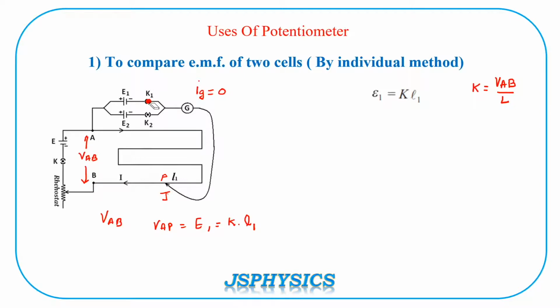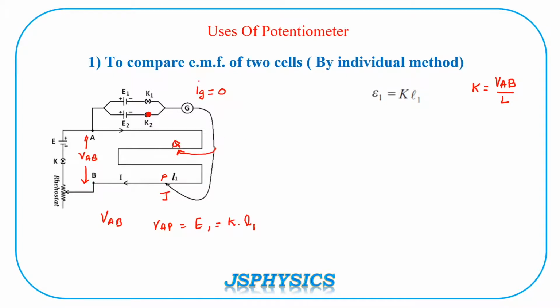Now, we'll simply remove this key and we'll put the key in K2. Now, E1 is disconnected and E2 is connected. Again, we'll slide the jockey along the length of the wire and we'll try to get some null point at point Q, say.